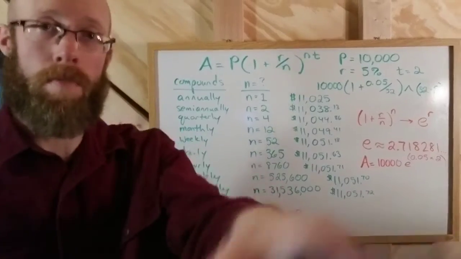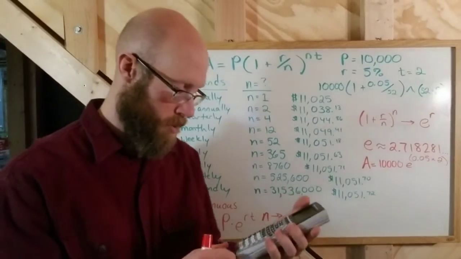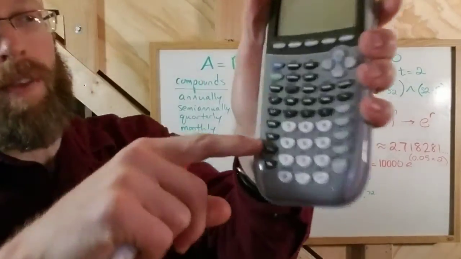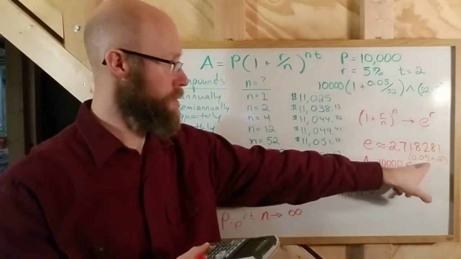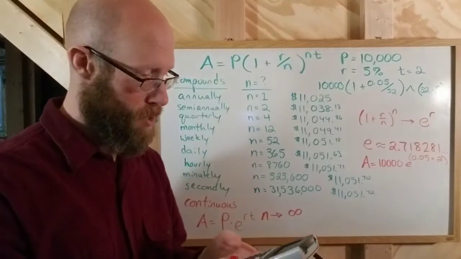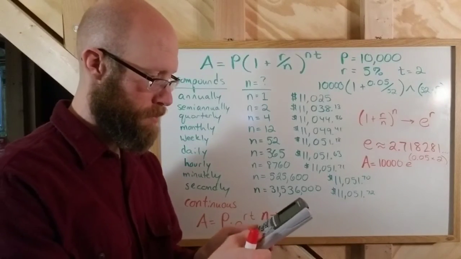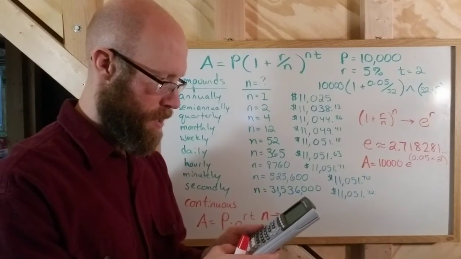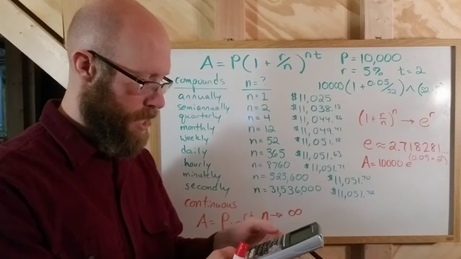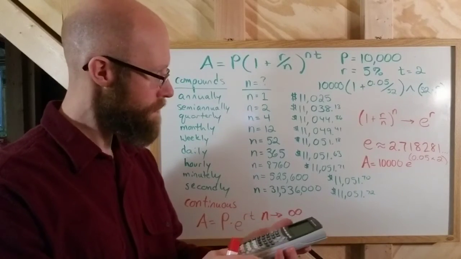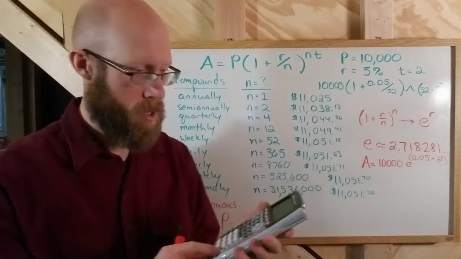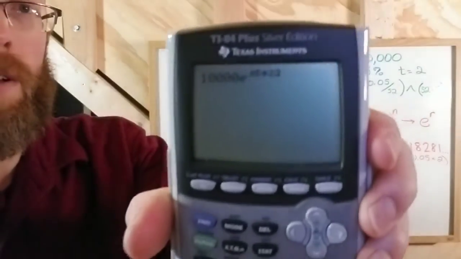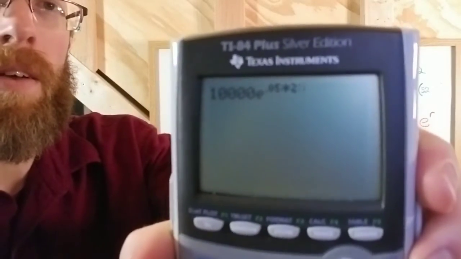So then we just type that in. And of course, I would use the second feature of the LN button right there. That would be your e to a power. That way I can just keep that power there right away. So I would type in 10,000 times that e, second LN, raised to the 0.05 times 2. Alright, so that's what I'm looking at.